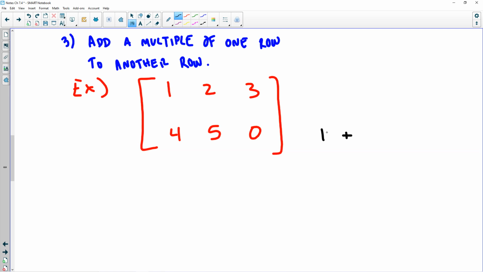So we're going to add row 1 times, let's go 3 again. Row 1 times 3, and then we're going to add it and put it into row 2. So this right here basically reads 3 times row 1 plus row 2. You might also see it as 3 times row 1 plus row 2, and then an arrow, meaning put it into row 2.